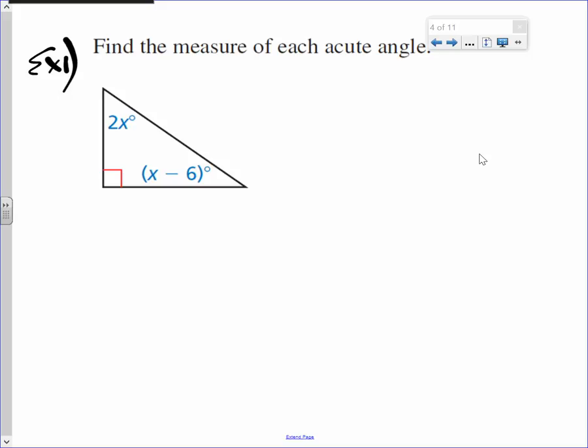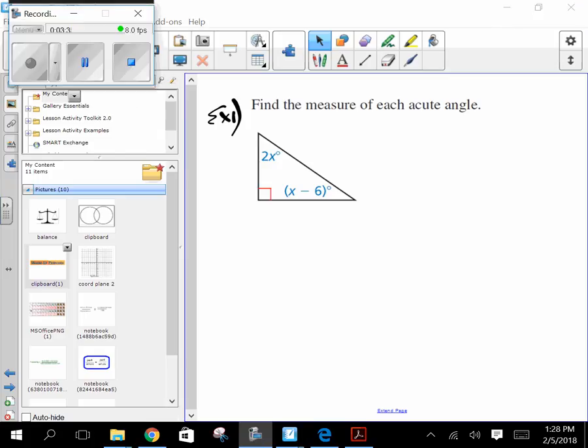The mission is to find the measure of each acute angle. That's if we're solving for the sides. We're dealing with angles now. The Pythagorean theorem has to do with sides.